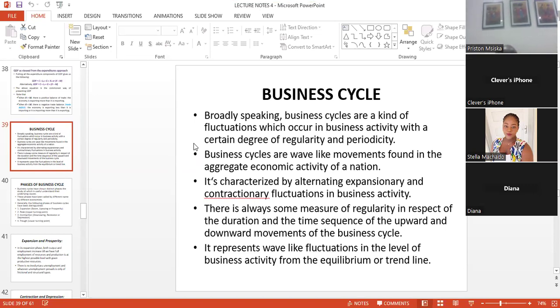So as I started talking about business cycles, they can be looked at in 2 ways. One is businesses themselves. They go through cycles. So you start a business, the business grows, expands, it reaches a climax, a peak, and it cannot grow anymore beyond that peak.